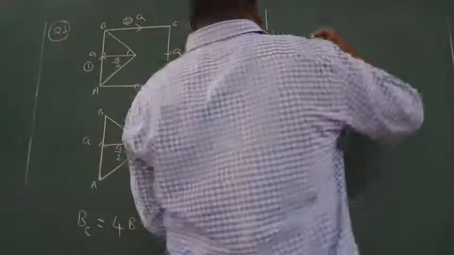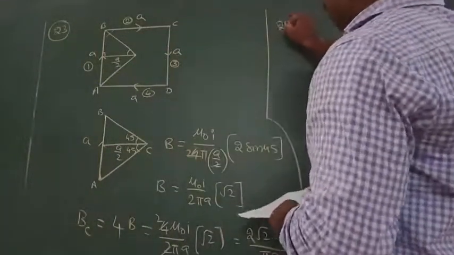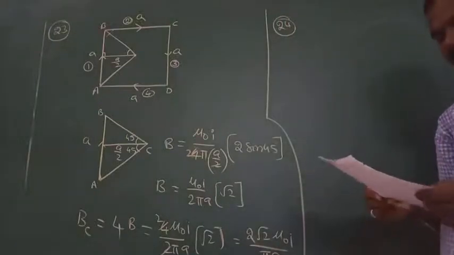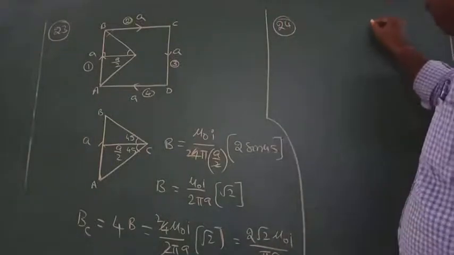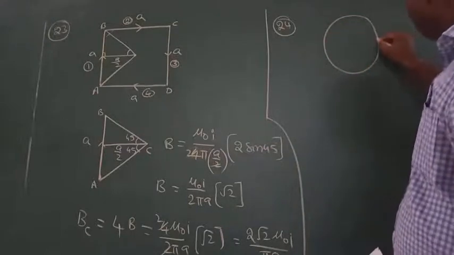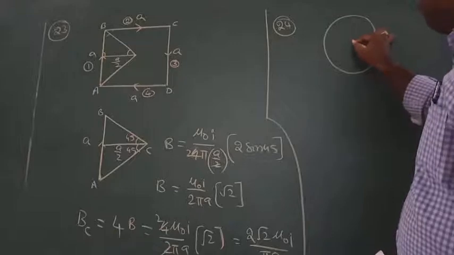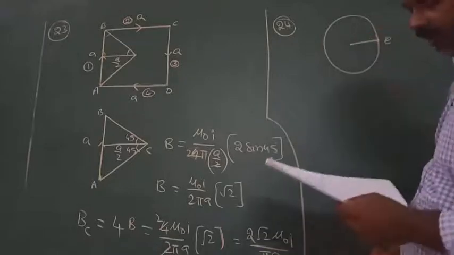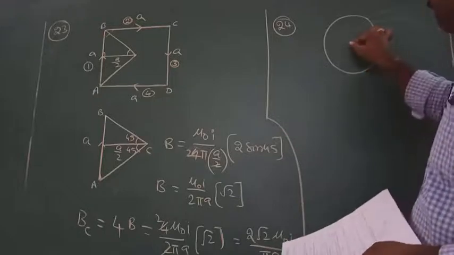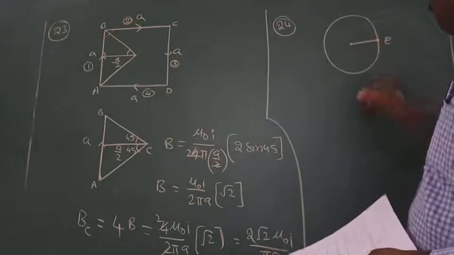And the next one, the 24th one. See problem number 24. An electron in an atom revolves around in a circular orbit of radius R, which is 0.5 angstroms, with a given time period. Find the magnetic induction at the center.